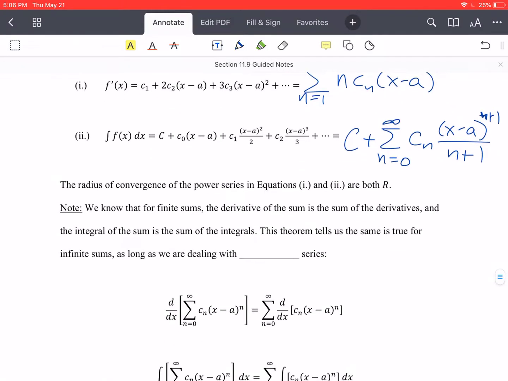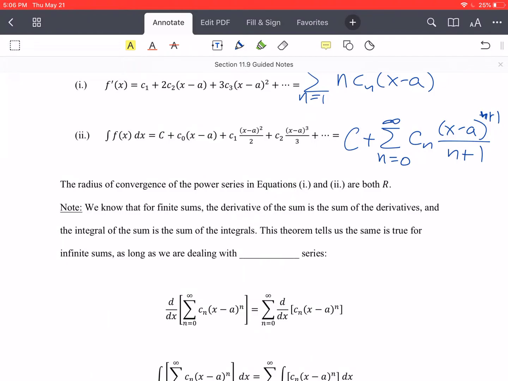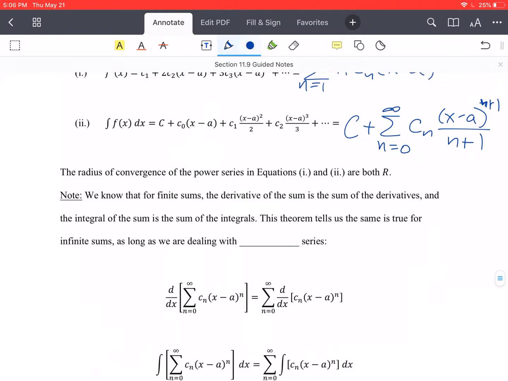So a note here, we know for finite sums, the derivative of the sum is the sum of the derivatives, and the integral of the sum is the sum of the integrals, right? You can split up derivatives and integrals across addition and subtraction. But this theorem also tells us that that is true for infinite sums as long as we are dealing with power series.